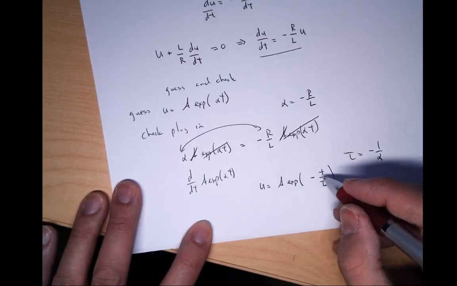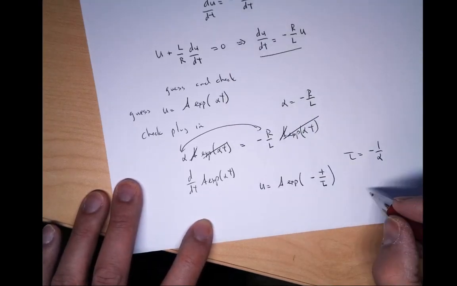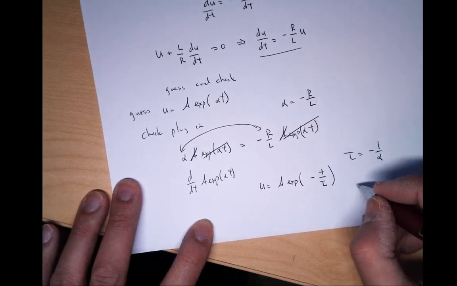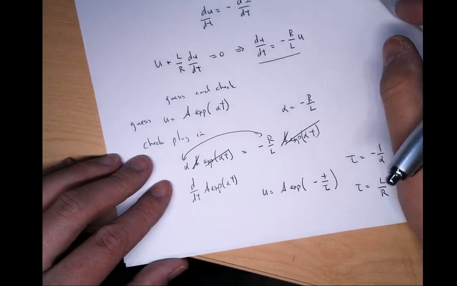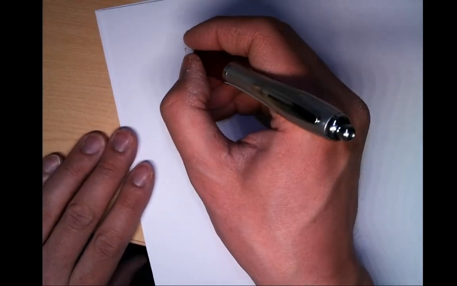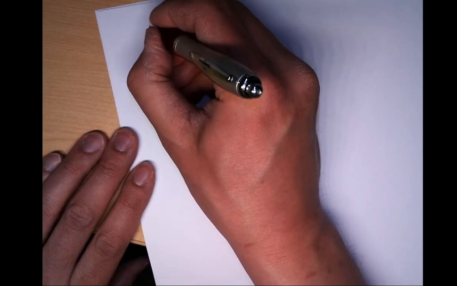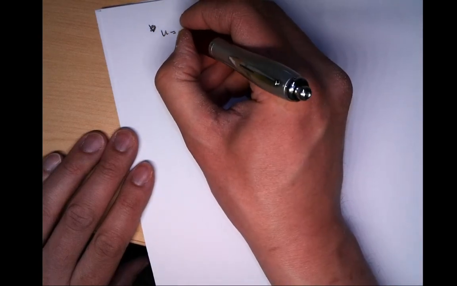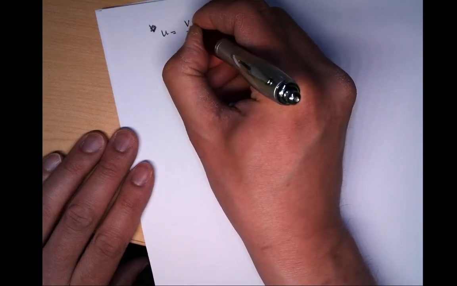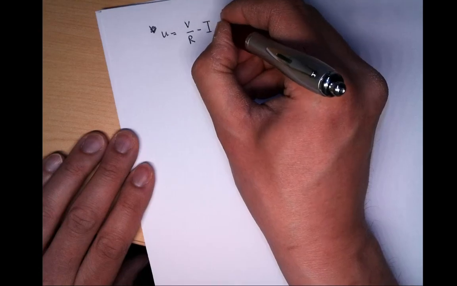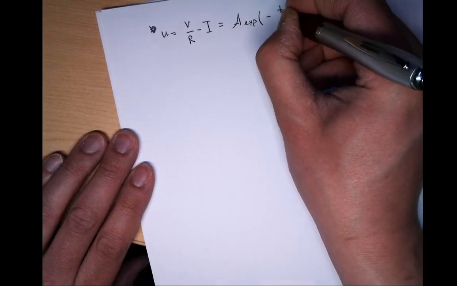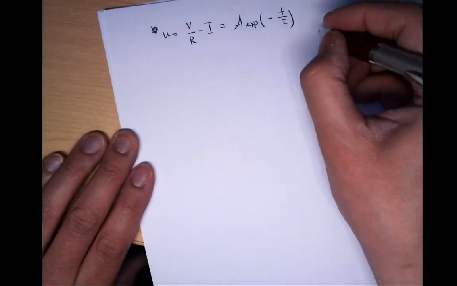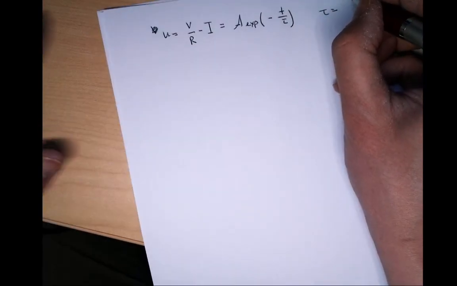Since alpha is this thing, that means tau is equal to L over R. So what we have is that, as defined earlier, V over R minus I is equal to A exponent minus t over tau, where tau was defined earlier. Tau is equal to L over R.